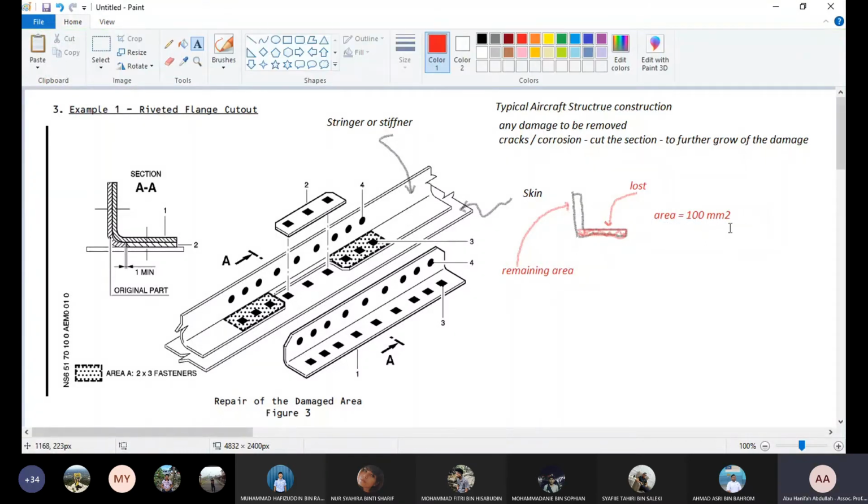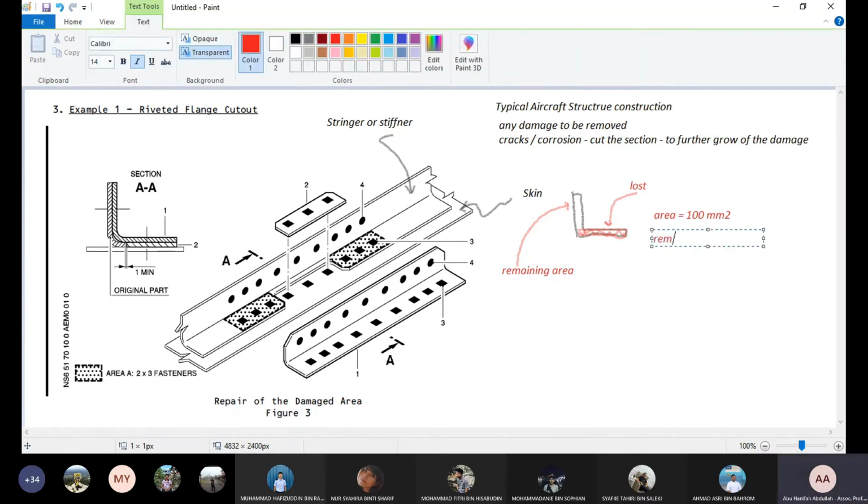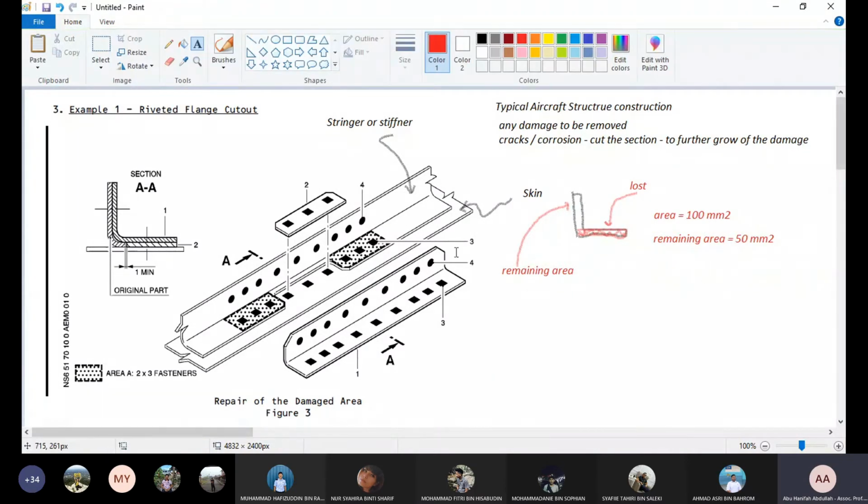Now when you cut part of it, take one of the flanges off, the area now, we lost half. 50 millimeter square. That's what you have left.